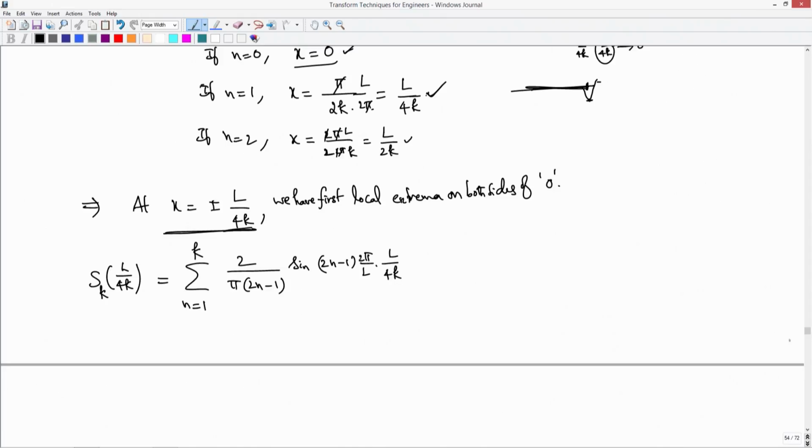So, 2 goes, L goes, and what you end up with is simply the sum n from 1 to k, 2 divided by pi times 2n minus 1, sine of 2n minus 1 pi by 2k.